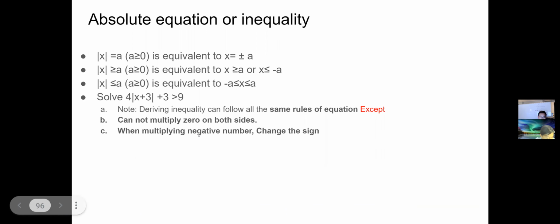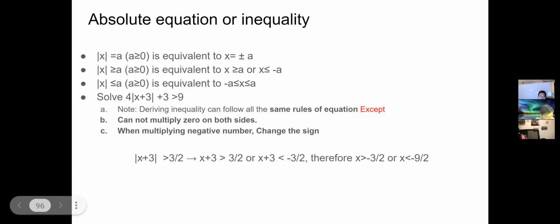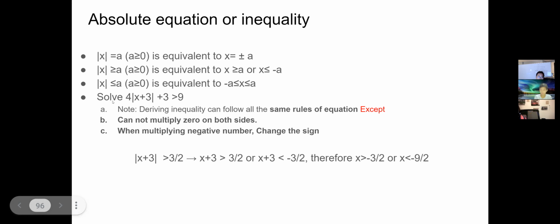This may be too fast, so let me add one intermediate step here. We can minus 3 on both sides. Remember, this can be treated like an equation, right? We can minus 3 on both sides.